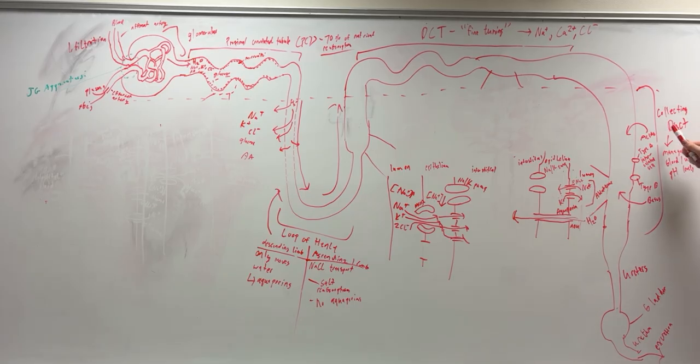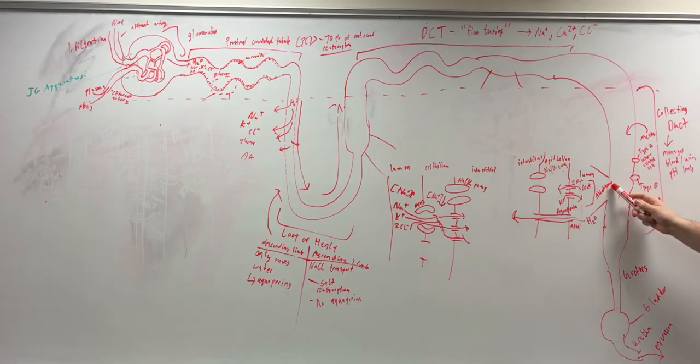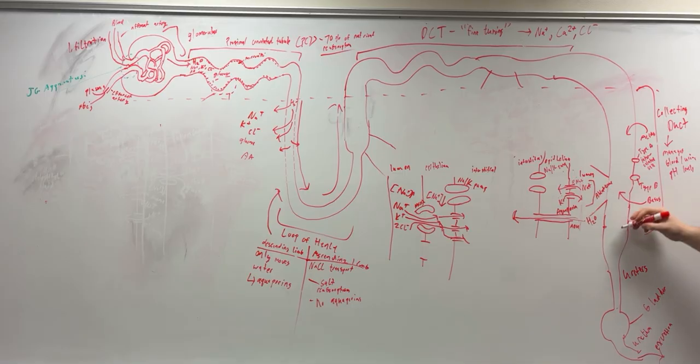So then in the collecting duct, we also have our final step of sodium reabsorption, potassium secretion, and water reabsorption, which we said are controlled by the hormones aldosterone for sodium reabsorption and antidiuretic hormone, or ADH, for water reabsorption. And then we have our urine, and it goes through the ureters into the bladder to be peed out through the urethra.